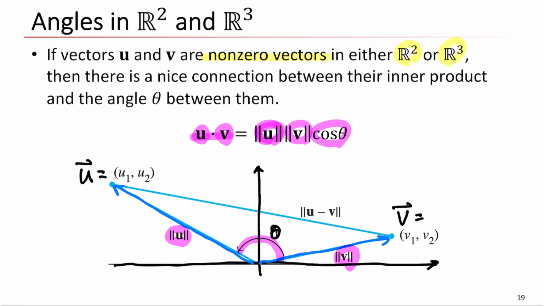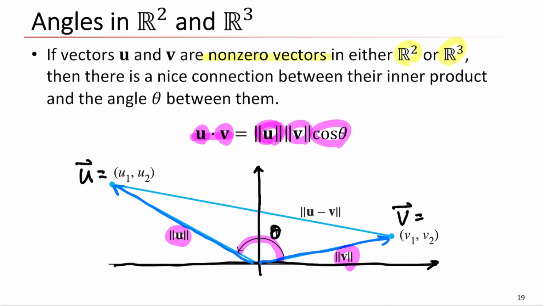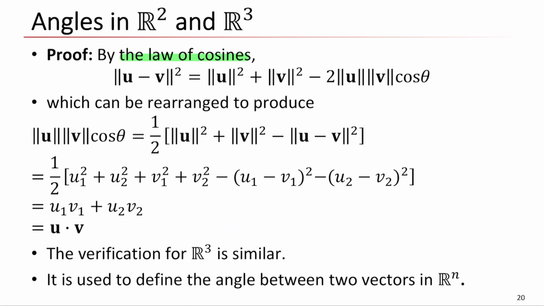So okay, let's prove this property first. How can we prove this? We can just use the law of cosines, right? I think you know the law of cosines, right? So what was that? This is u minus v, right? Then what is the length of u minus v?